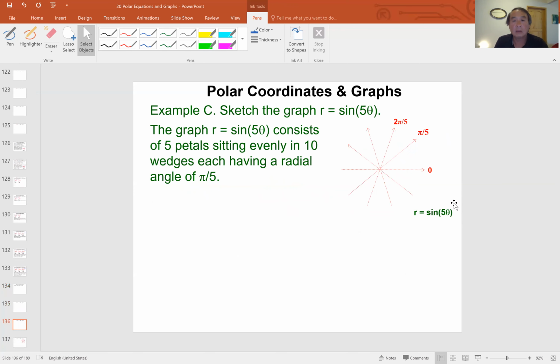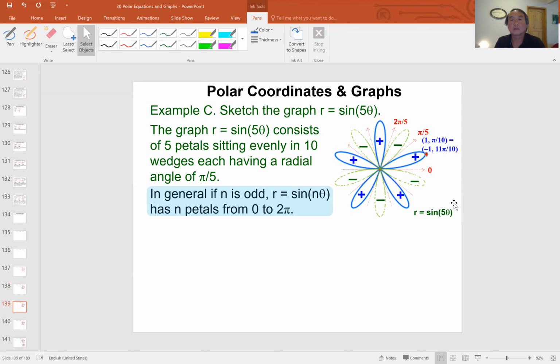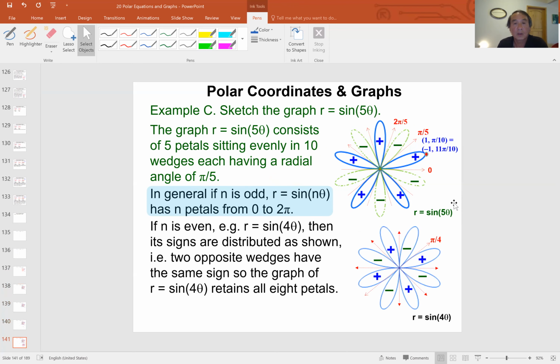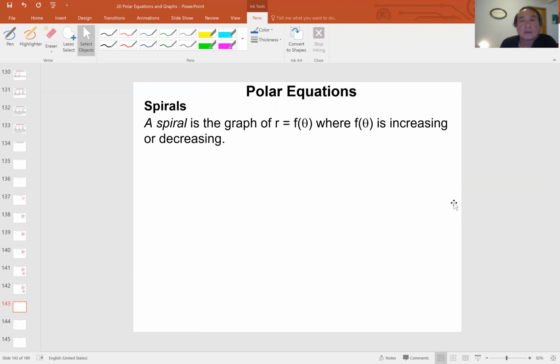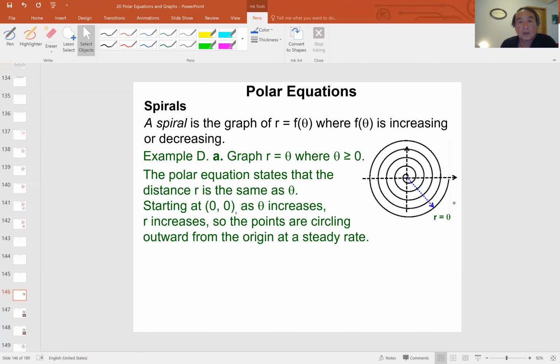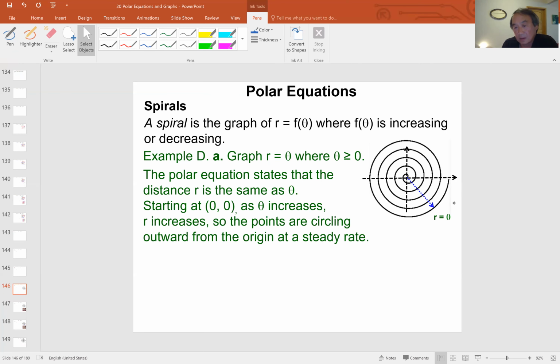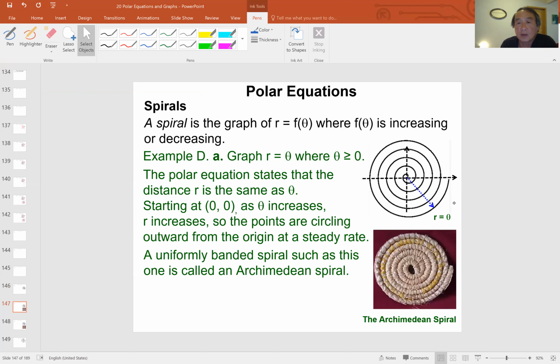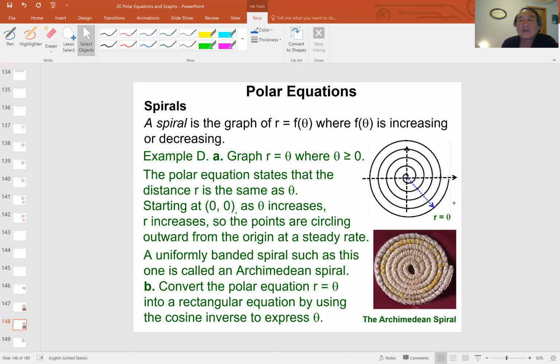Right. So here's a way of showing how it is sketched. Spirals. A spiral is a function where f of theta is just increasing or decreasing. We already did that, and we did the middle portion of it. This is called the Archimedes spiral.